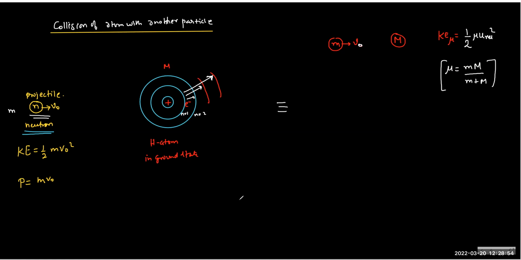Okay. So the total energy of the system is half m v naught square minus the energy of the center of mass, which is half total mass times VCM square. And if you subtract, what you get is called half mu u relative whole square.